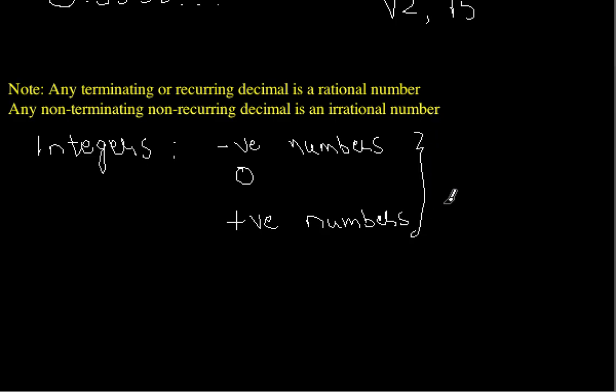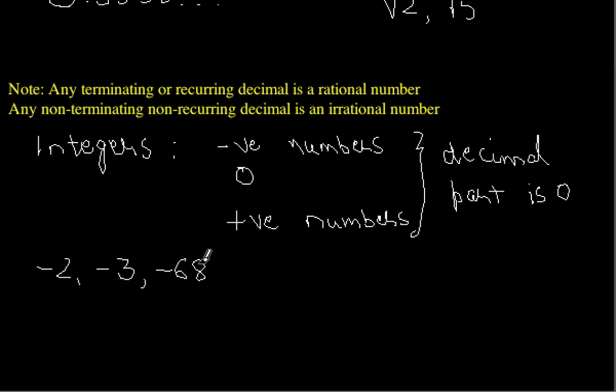But for integers, the decimal part has to be nil. So there is no decimal part; the decimal part is 0. Examples of negative integers could be -2, -3, or anything, -68, but there should not be a decimal part to it. Similarly, 0 is also an integer, and then we have positive integers, which could be 2, 5, 6, or anything.